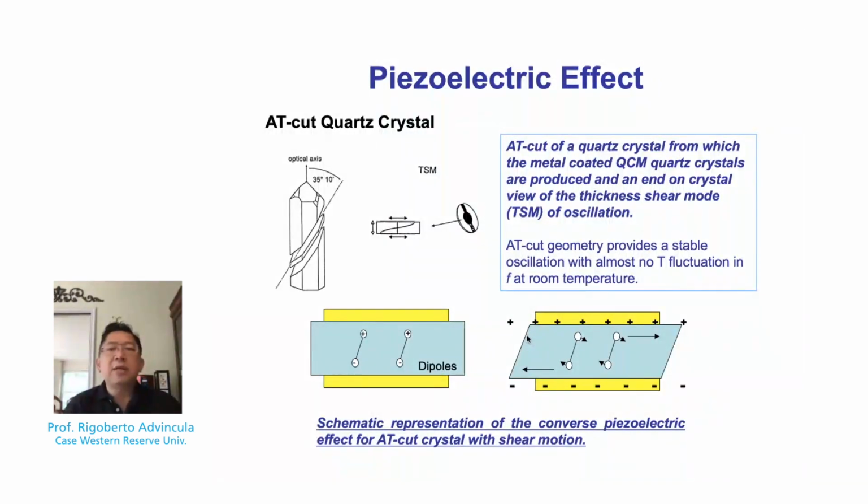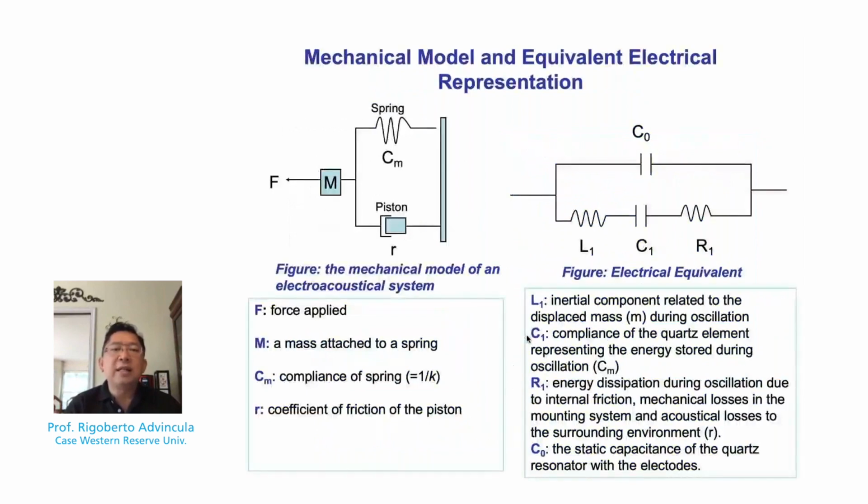Now, there are actually two equivalents of the QCM model. That is, you have a mechanical model and an equivalent electrical representation. What this does is it allows us to look at the experiment in a more mechanical approach, viscoelastic nature approach, or looking at the electrical equivalent circuit.